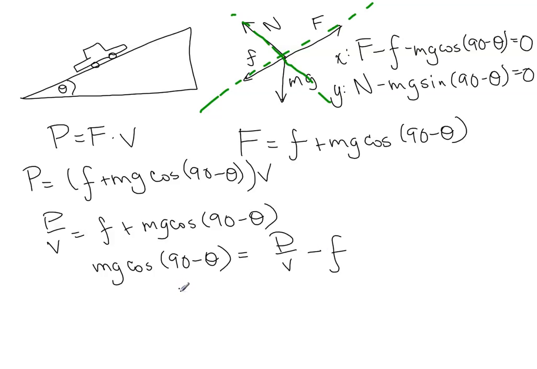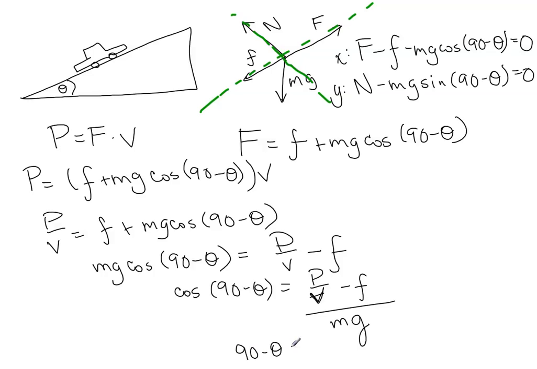So that tells me cosine(90 minus theta) is equal to (P over v minus F) divided by mg. From here I plug in the numbers, and so I get cosine(90 minus theta) is equal to a number. I'm going to do inverse cosine on the calculator to find out what 90 minus theta is, and then I solve for theta.